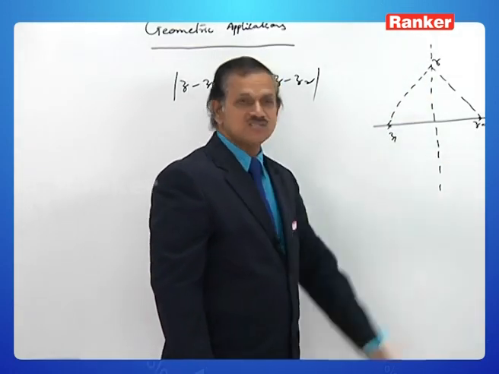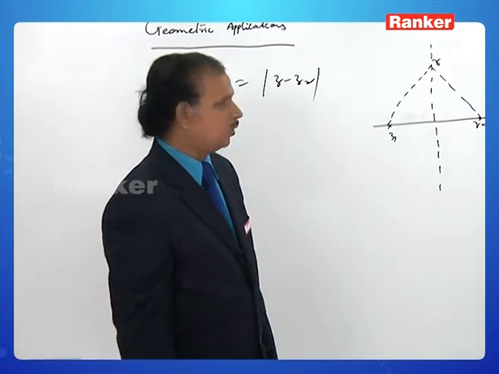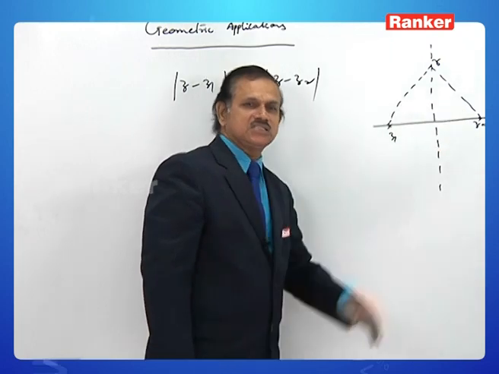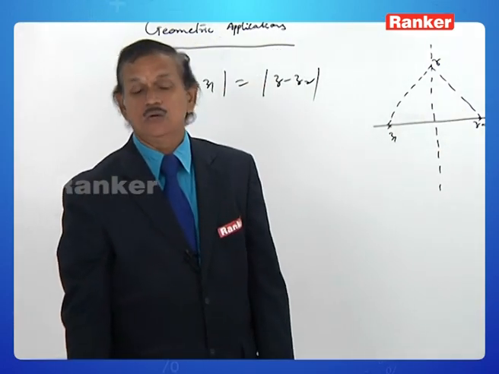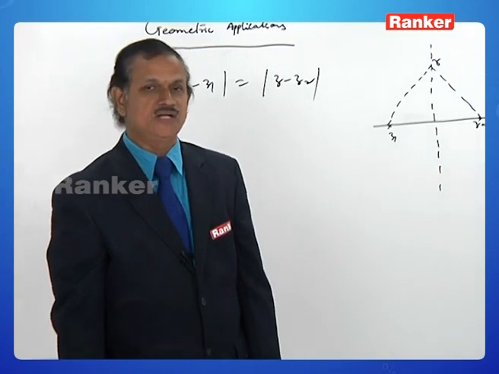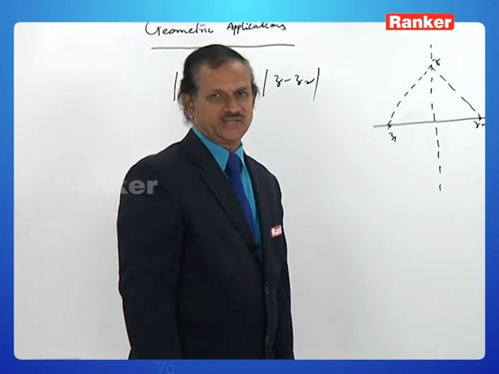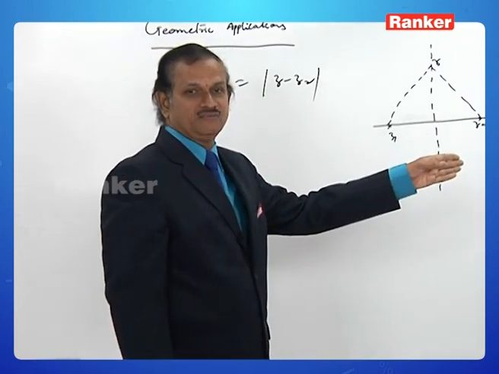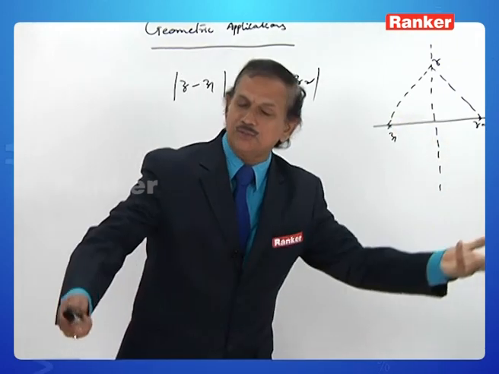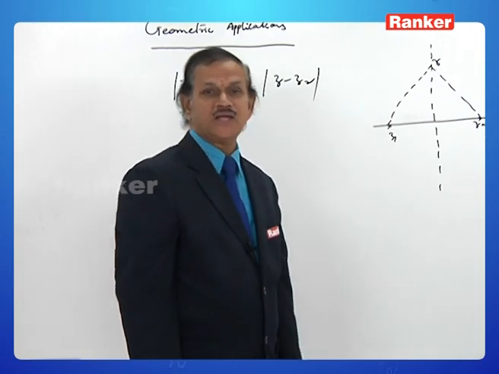What is this distance? Mod Z minus Z2. So this distance and this distance are equal. What does it mean? The complex number Z, whose locus is supposed to be obtained, moves at an equal distance between Z1 and Z2. It is just nothing but the perpendicular bisector of the segment joining Z1 and Z2. You must be knowing that.